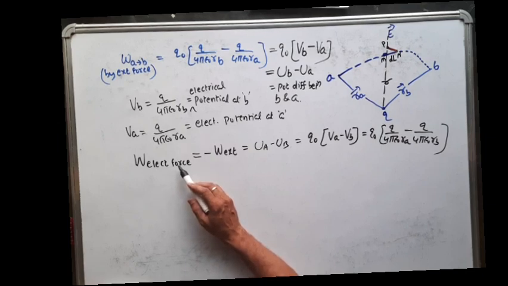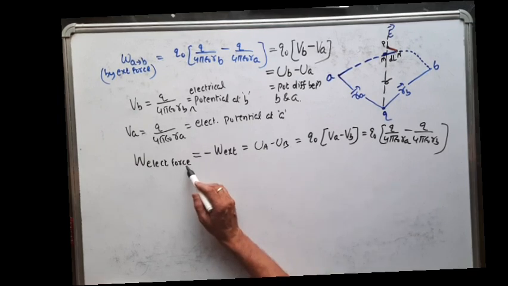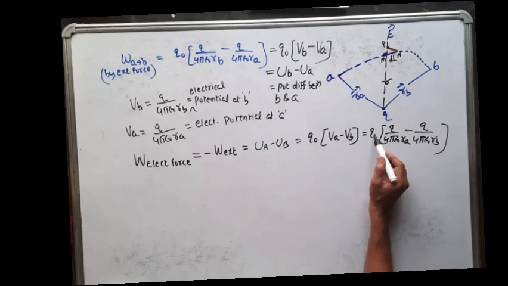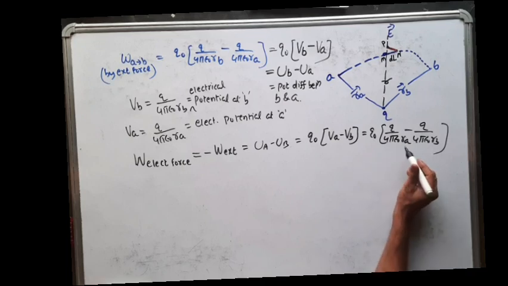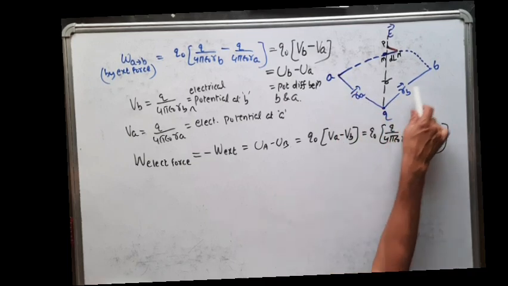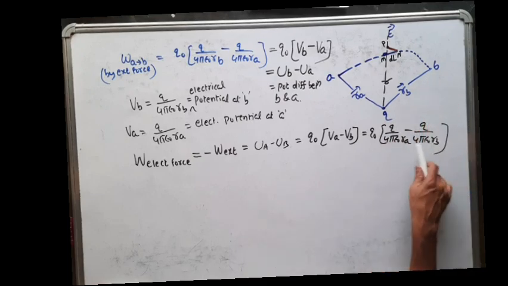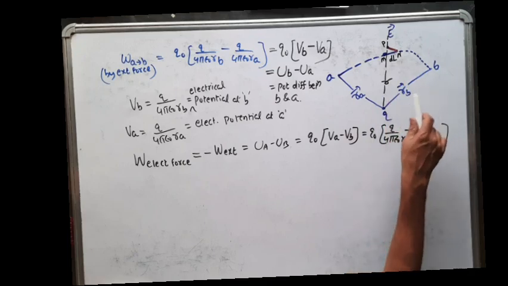So now we see one interesting result. Work done by the electrostatic force is equal to Q naught by this formula. So here the work done depends upon the initial position, that is RA, and final position, that is RB. It does not depend upon on which path the Q naught charge is moving.